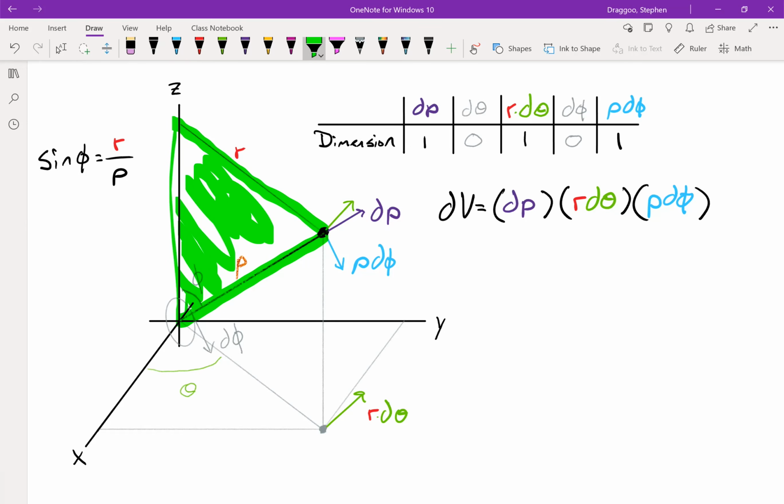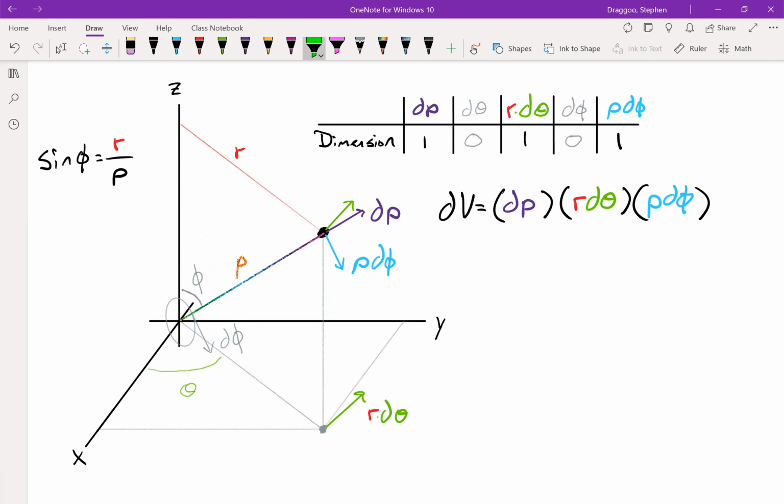Kind of hard to see in a 3-dimensional shape, but I think we know that the intersection of r and z should be at a right angle. And the hypotenuse of that triangle is going to be rho, while the opposite side is r. The adjacent side would be z. But we're looking at opposite and hypotenuse here, so sine of phi is equal to r over rho. So we could then solve that thing for r and say that it's equal to rho sine phi.